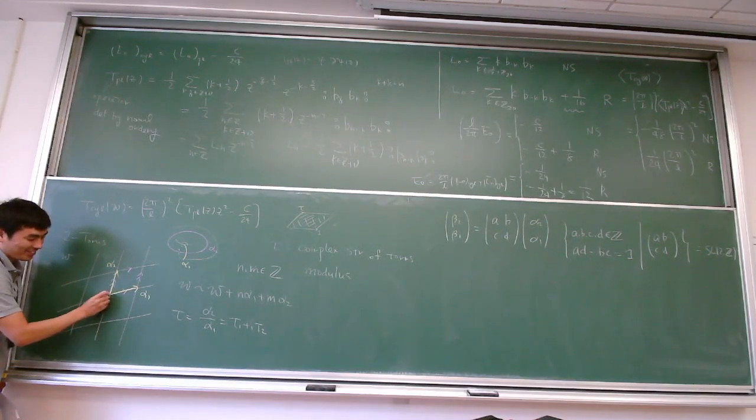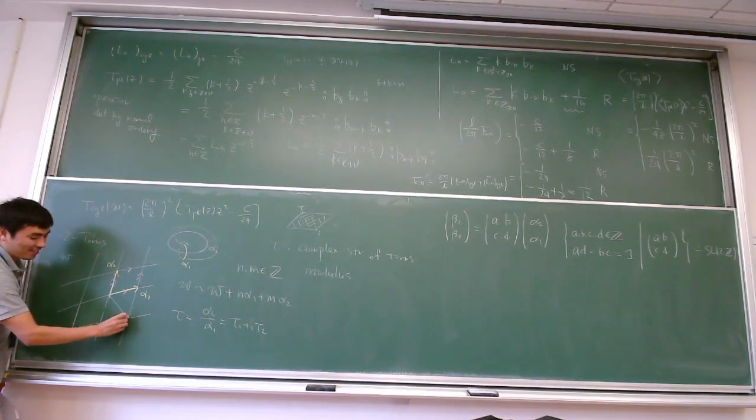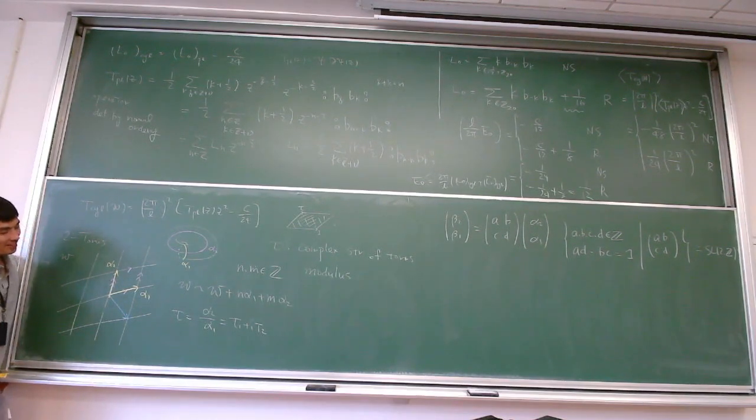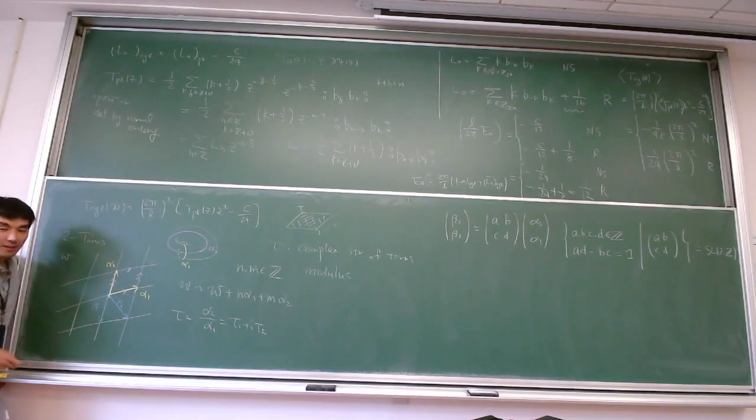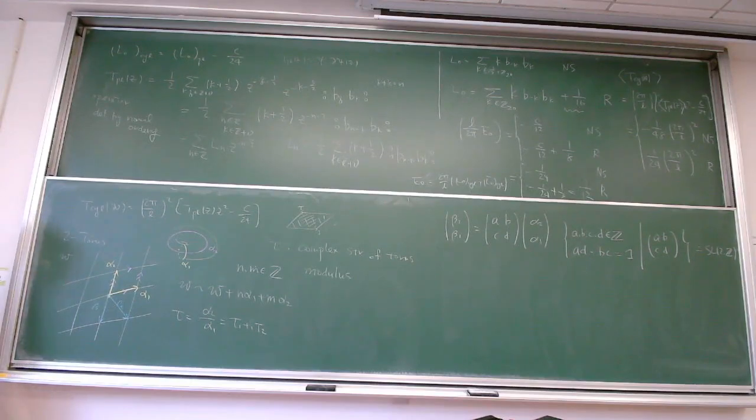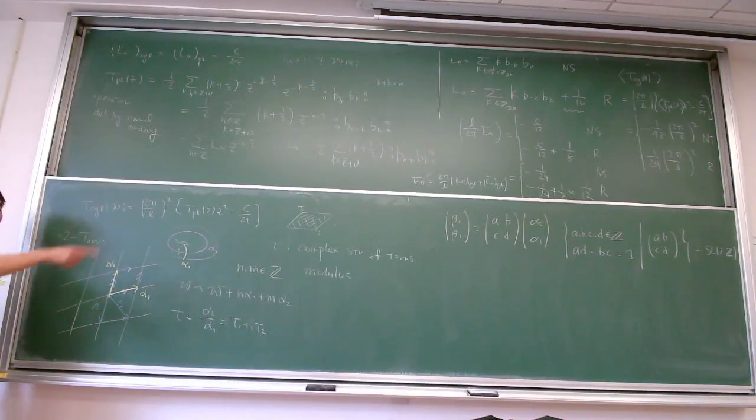For instance, beta 1, beta 2 can be like this, under this transformation.